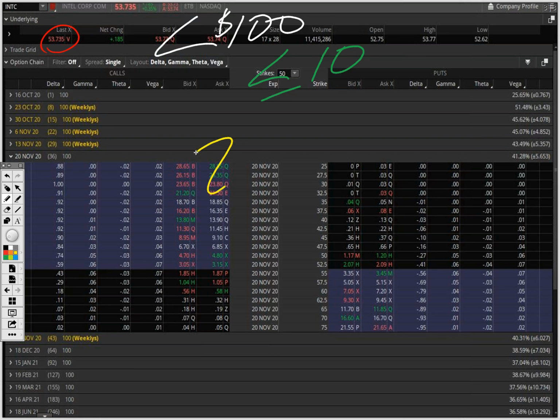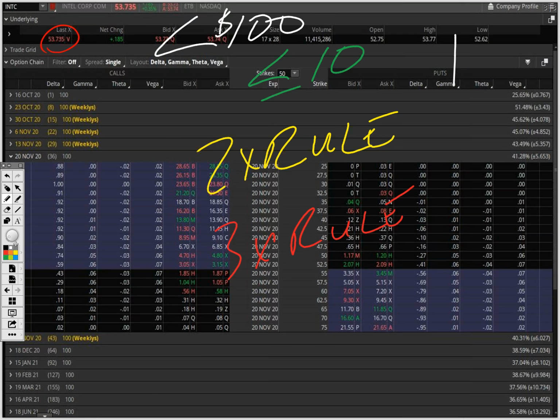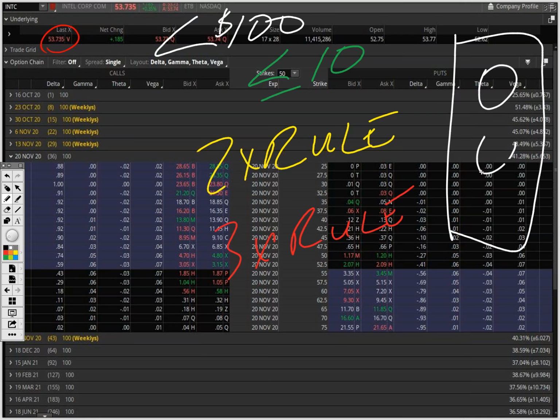Again, 2 times the rule is a yellow light, and 3 times the rule is a red light, on that stop light idea. So any stock that's less than $100, we really want those bid offers down here in the option montage to be less than or equal to 10 cents wide.